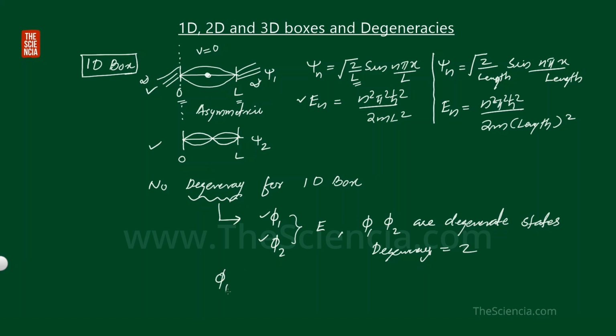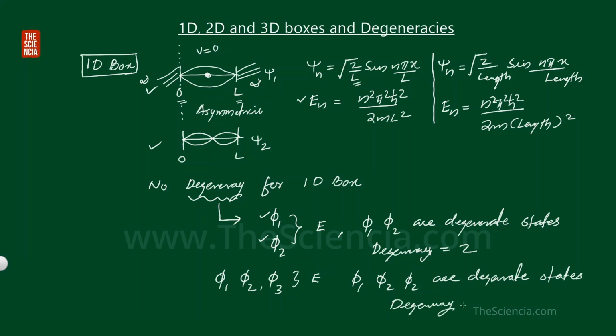If there are three states, psi 1, psi 2 and psi 3, and all have the same energy E, then we can say psi 1, psi 2, psi 3 are degenerate states, and their degeneracy is equal to 3, because all these three states have the same energy. Therefore, the degeneracy is 3. So I think you got the idea about degeneracy. And the 1D box is non-degenerate.